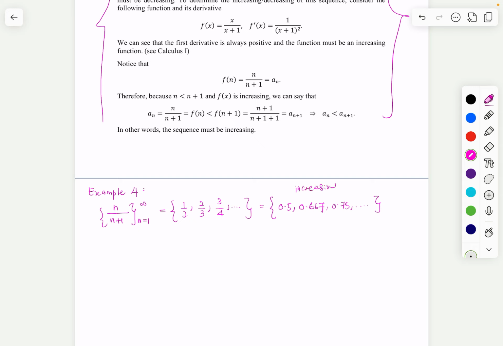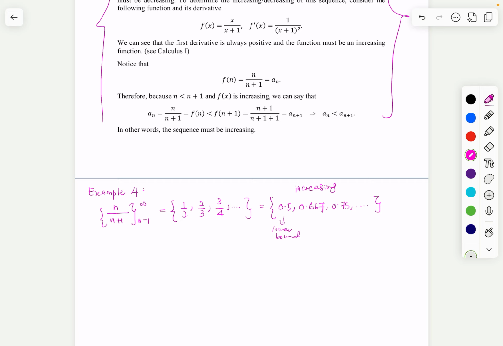It goes from small values to higher values. In this case, the smallest value based on these first three terms is 0.5. So you have the idea that maybe this 0.5 is the lower bound, and maybe it is bounded below by 0.5. Okay, but we need to confirm, is it true?